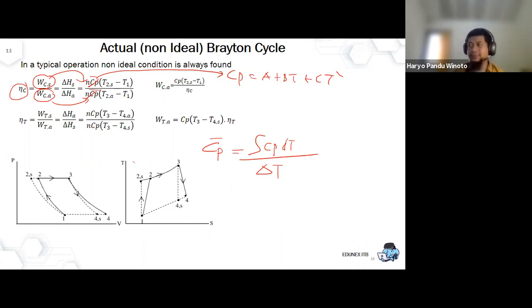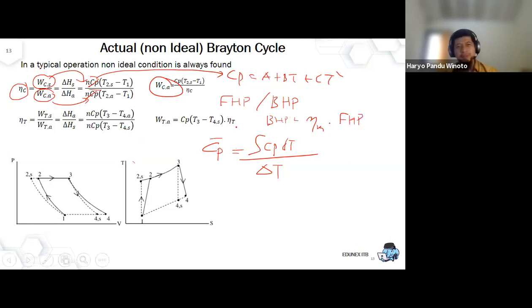You got it? And you get the actual work of compression. I never talk about the compressor because there is a fluid horsepower and then brake horsepower. Brake horsepower is equal to some kind of mechanical efficiency multiplied with fluid horsepower.